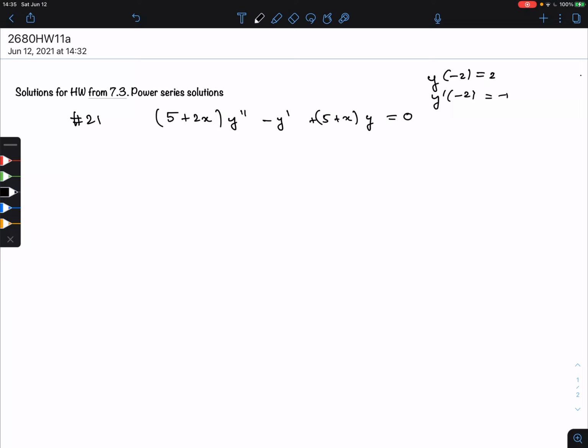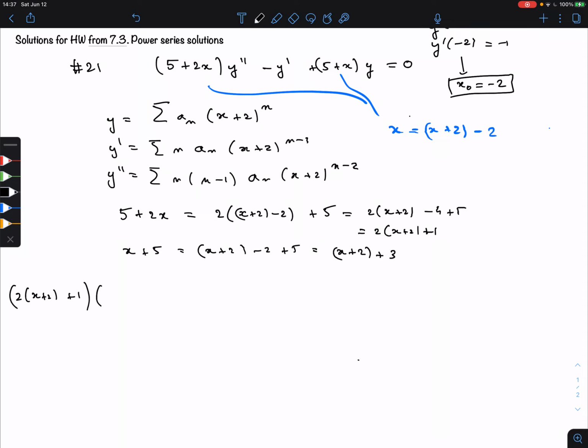Okay, so we're ready to plug everything in. We get (2 times x plus 2 plus 1) times the second derivative, summation n times n minus 1 an x plus 2 to the power n minus 2, minus summation n an x plus 2 to the power n minus 1, plus (x plus 2 plus 3) times summation an x plus 2 to the n.